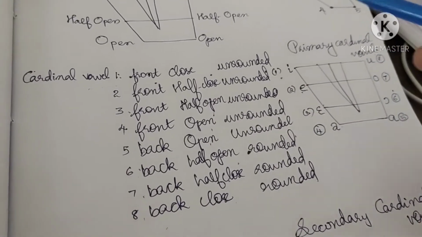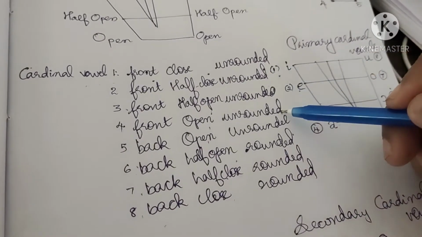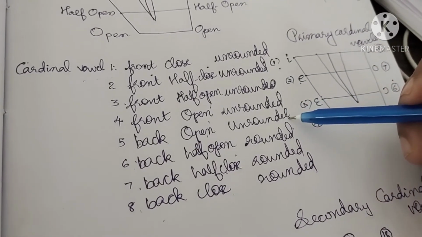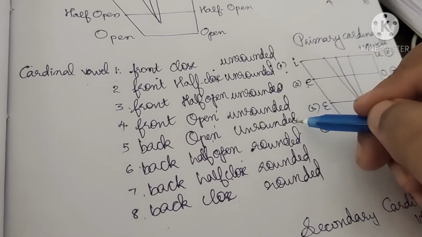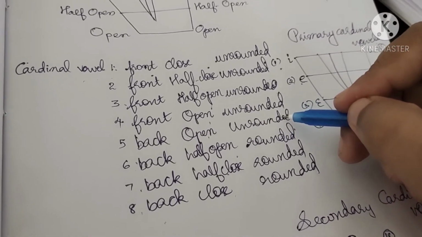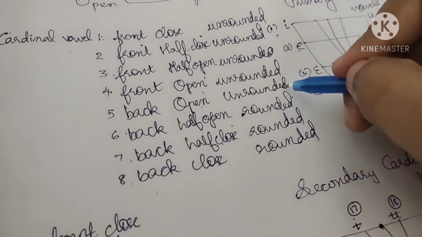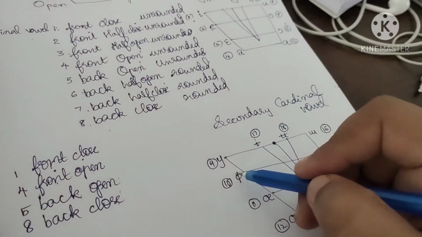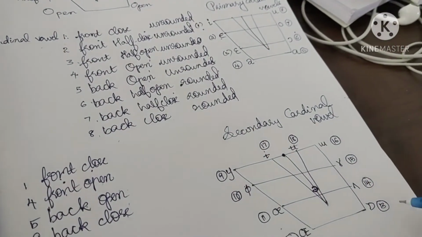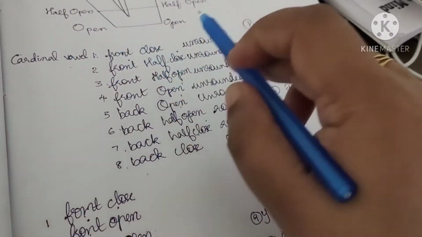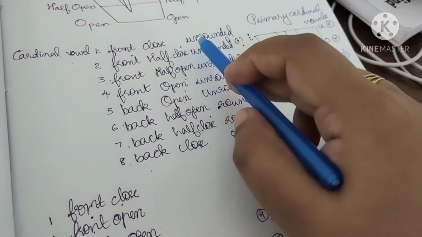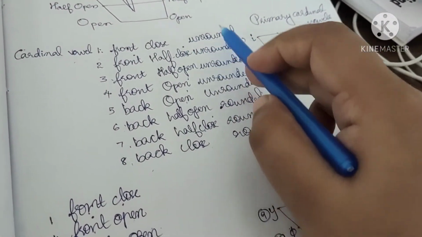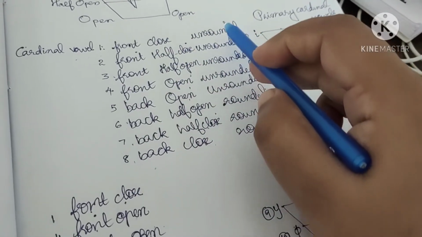Okay. So now these 1, 2, 3, 4, 5 which are unrounded can also act as rounded. Then it forms this 9, 10, 11, 12, 13. Like front, close, rounded. All this unrounded place will become rounded. Front, close, rounded.